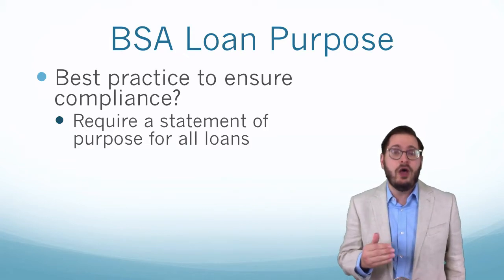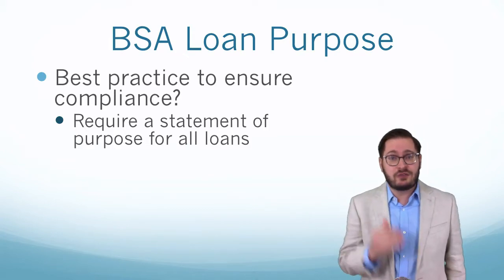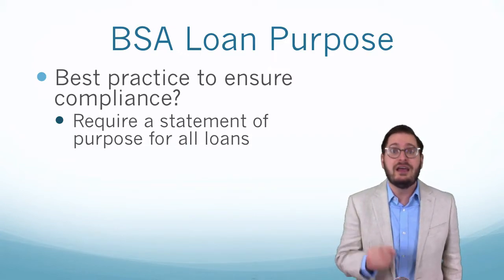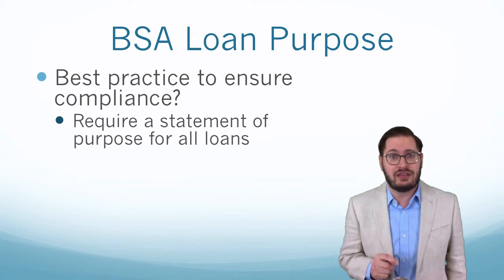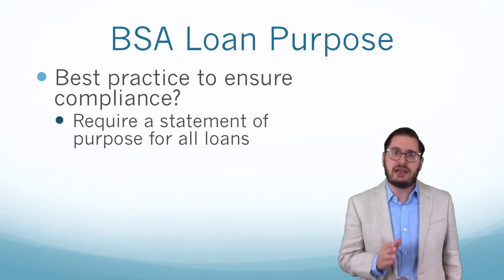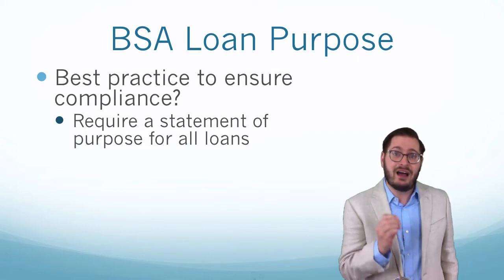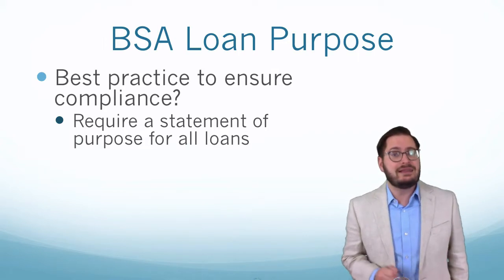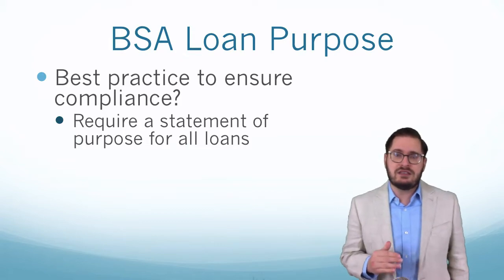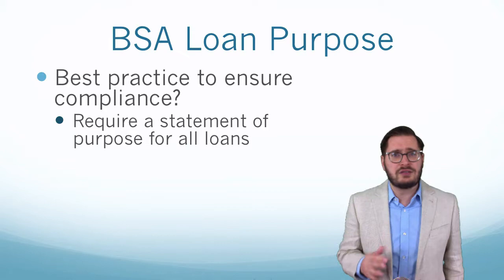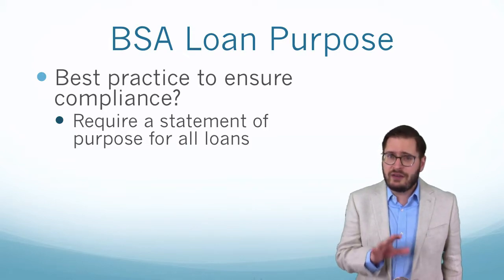So for loans under $10,000, I strongly recommend that you require your lenders to get that specific statement of purpose if the loan is not secured by real estate. Basically, you train like this. You say, look, if the loan is not secured by real estate, we need a specific statement of purpose on the loan. That makes it easy, because unsecured loans, especially in amounts over $10,000, are extremely rare in some financial institutions.